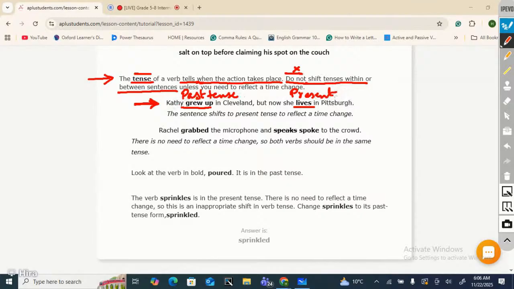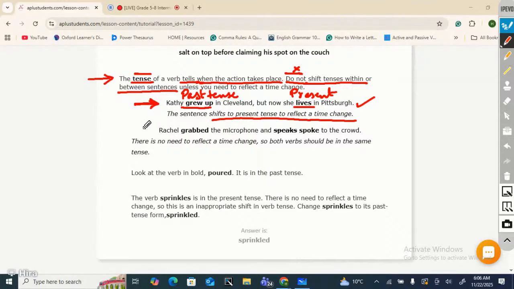Within one sentence, the tense shifts. The sentence shifts to present to reflect a time change, because this time change is required. So it is an appropriate shift. Otherwise, we do not shift tense within a sentence. This one is correct. Kathy grew up in Cleveland, but now she lives in Pittsburgh. So it is needed to reflect a time change.